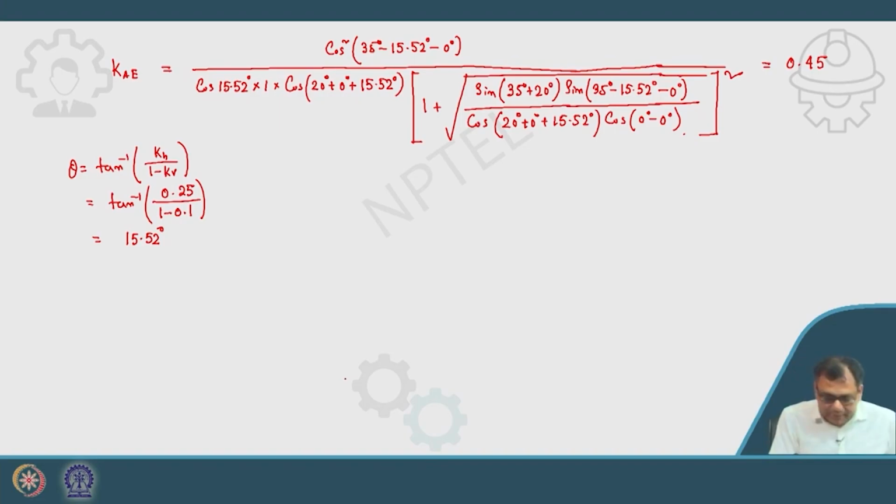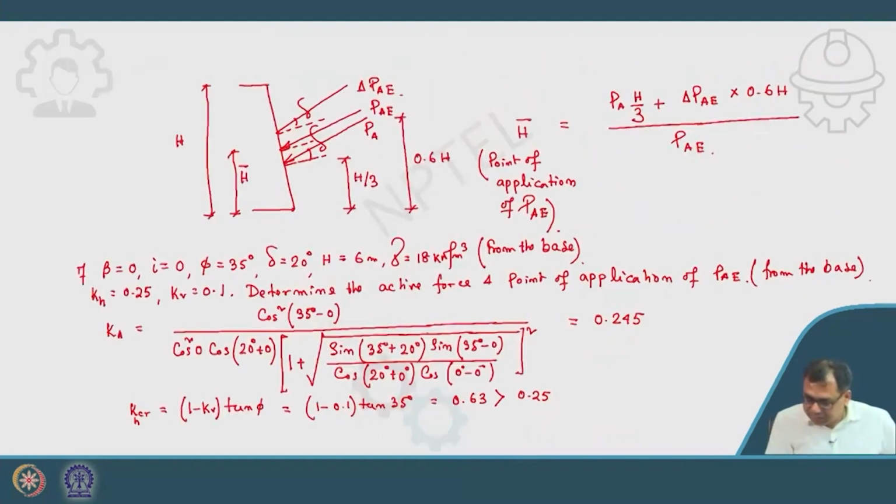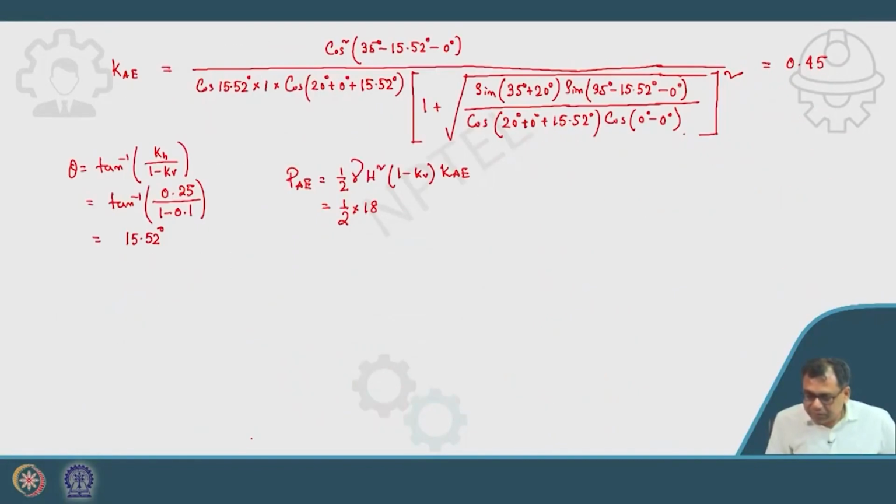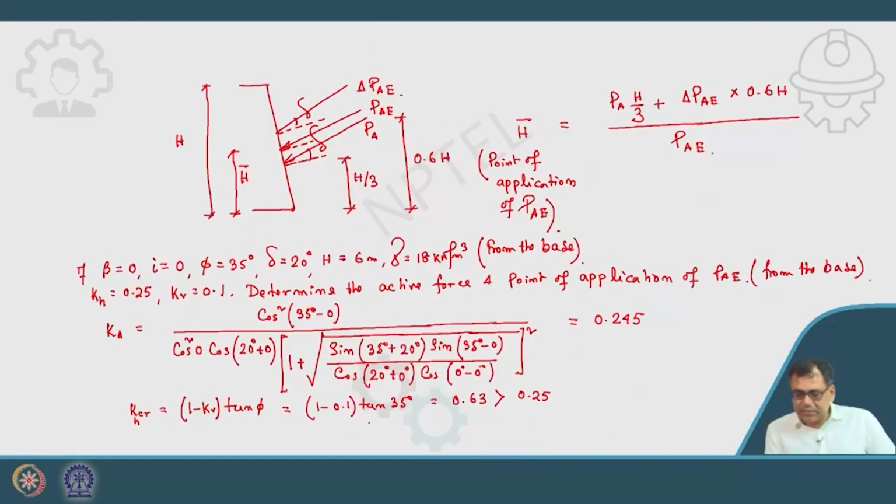So now I can calculate the PAE, that is equal to half into gamma into H square into 1 minus KV into KAE. So it is half, unit weight is 18, into H square is 6 square, because your height is given, H is given 6 meter.